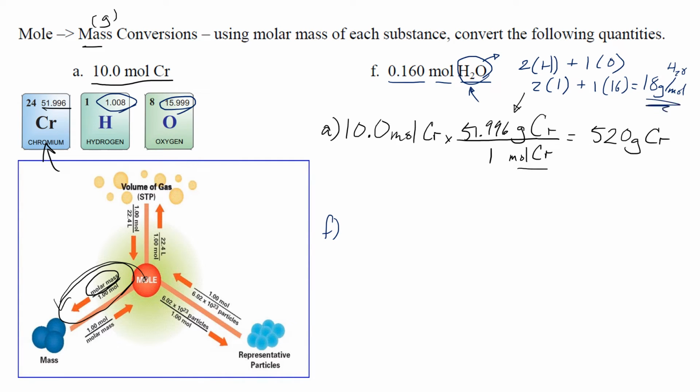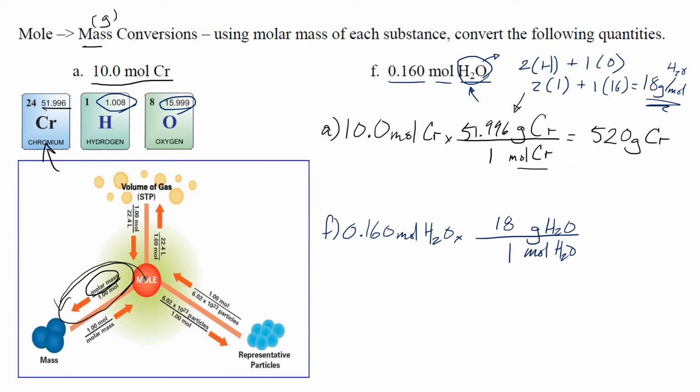So now we get to use this. Our given is 0.160 moles of water. And again, to get out of moles, we write moles on the bottom of water. And we want to get into grams of water. 1 mole of water weighs 18 grams, right?